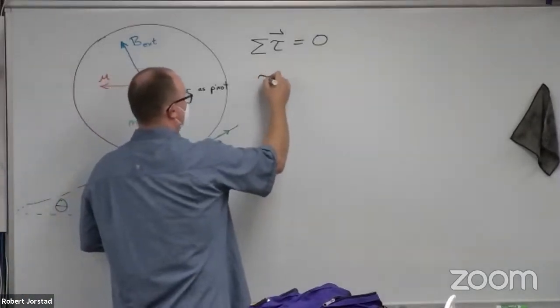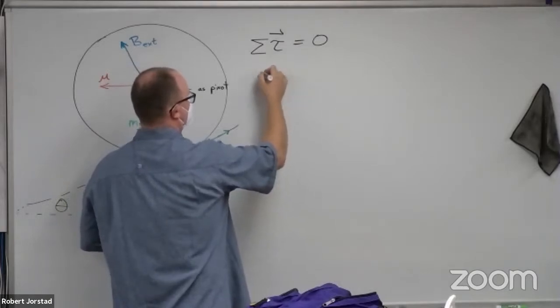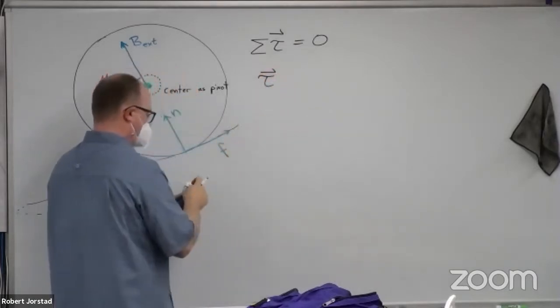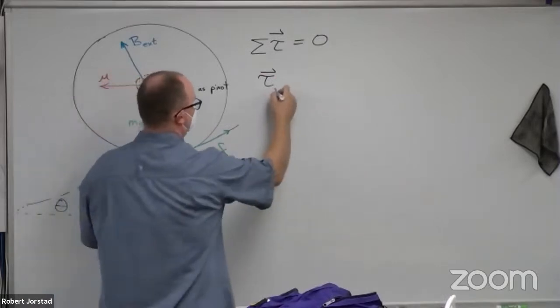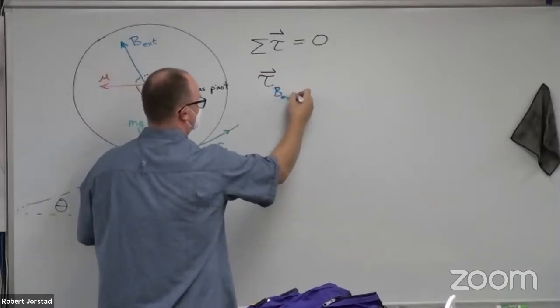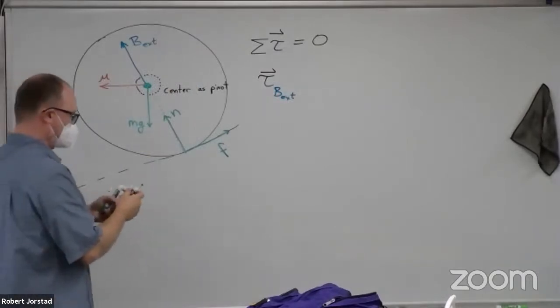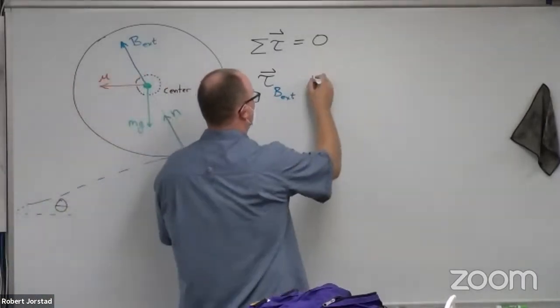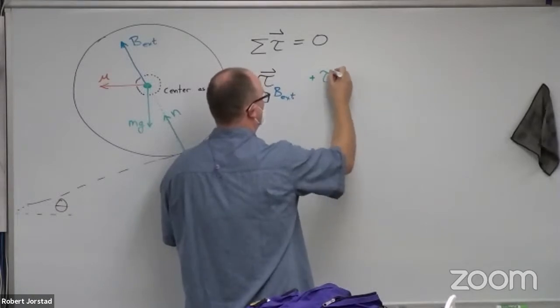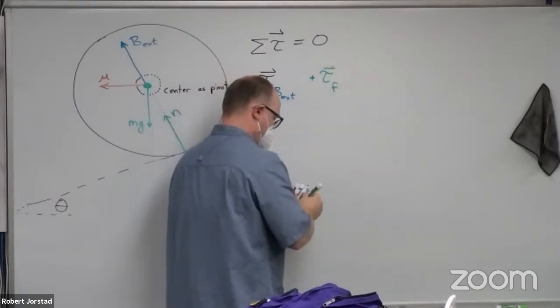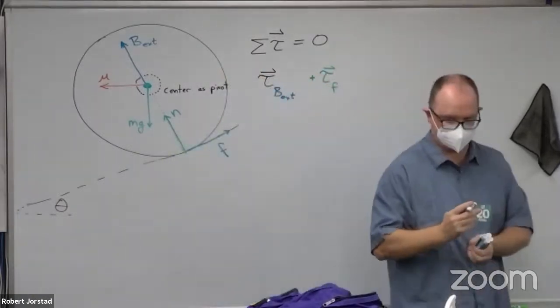So what are the terms that cause a torque about the center? Well, there's torque due to B external. Agreed? What else? Friction. Anything else? Does the normal force cause a torque?